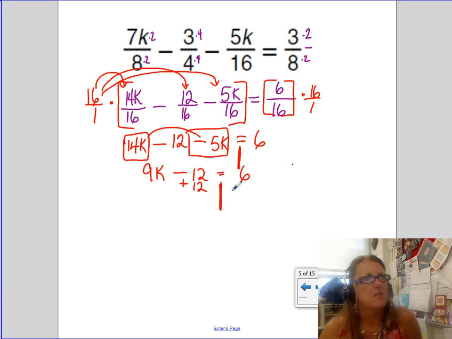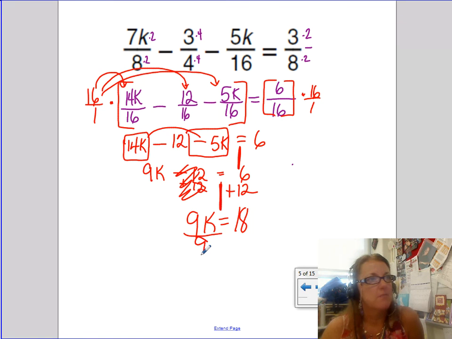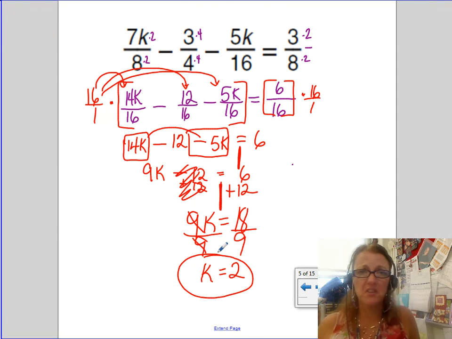Plus 12 on this side, plus 12 on this side. Goes to 0. 0 plus 9k is 9k. This is 18. Divide by 9. Divide by 9. I get k is 2. That is so nice. After all of that gobbledygook up there, go ahead and check your answer. Yep.